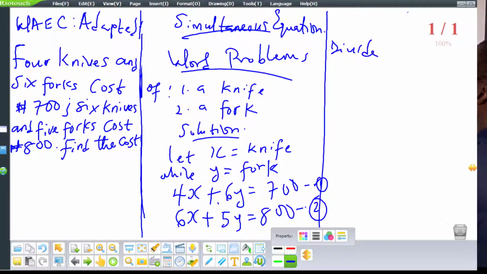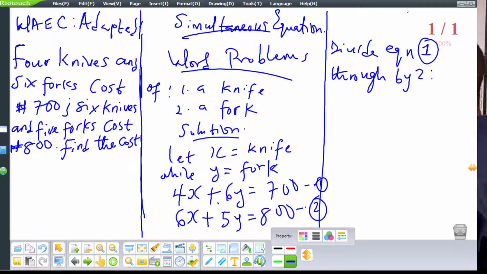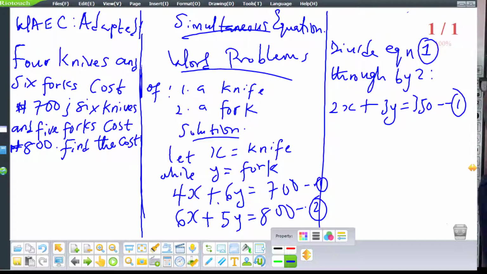Divide equation 1 by 2. So 4x divided by 2 is 2x, plus 6y divided by 2 is 3y, and 700 divided by 2 gives us 350. So we rephrase equation 1 as this: 2x plus 3y equals 350, and equation 2 remains 6x plus 5y equals 800.